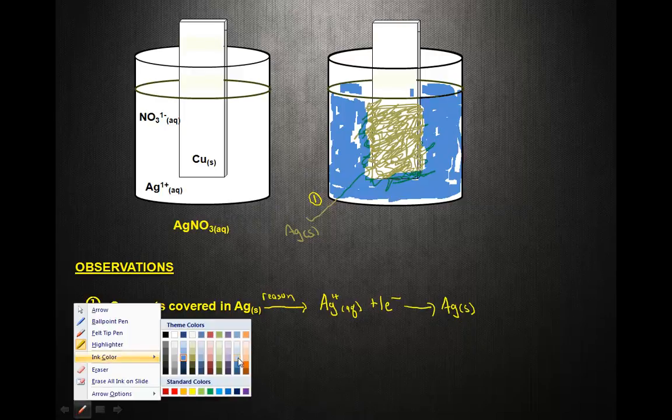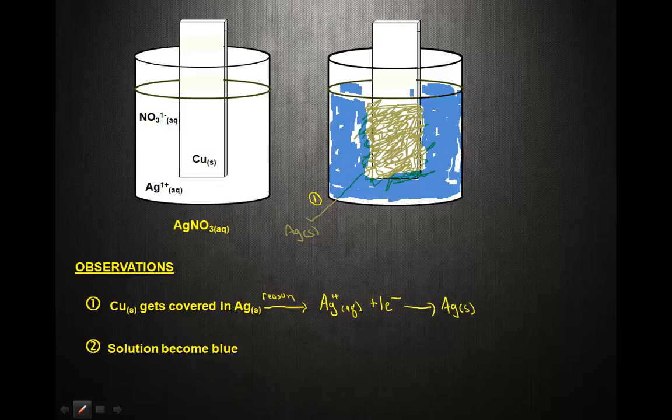Let's change my color here to this, my pink color. So number 2 in your diagram, as I've written down here, solution becomes blue. So you can write this, again, probably on the bottom of your beaker: solution becomes light blue.